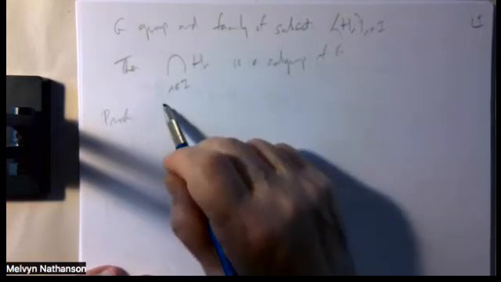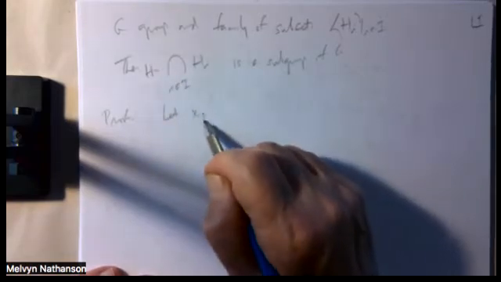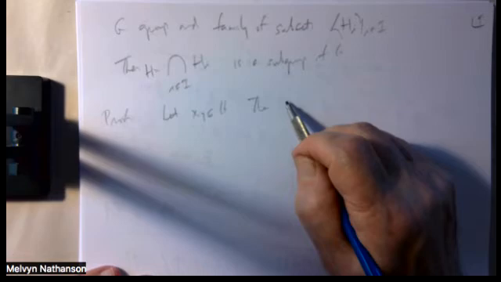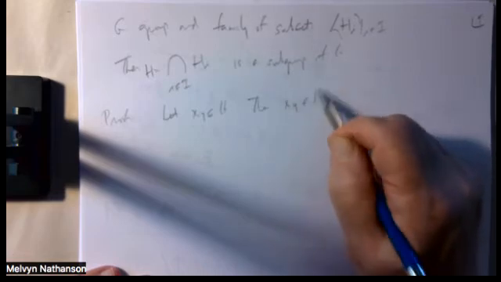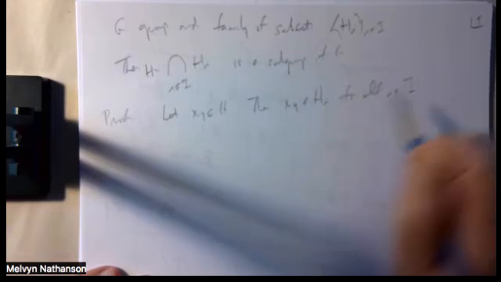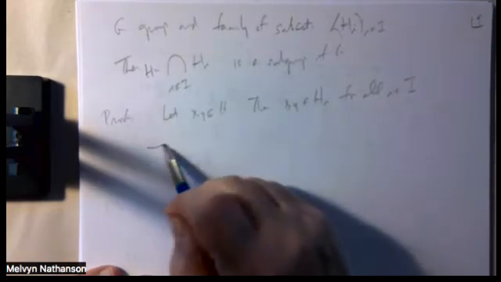And the proof goes as follows. Let me call this H. Let X and Y be in H. Then X and Y are in H sub I for all I in this index set, capital I. And each of these is a subgroup.